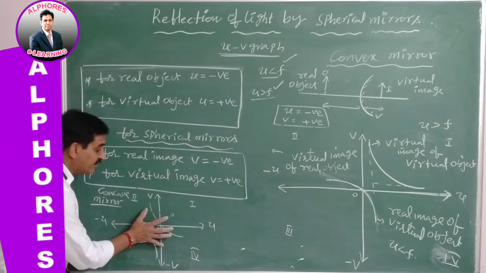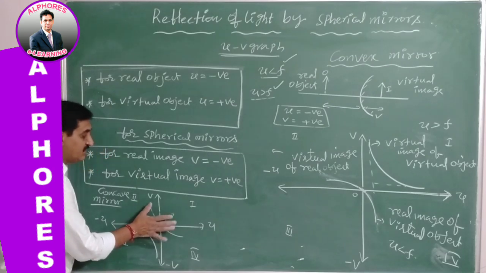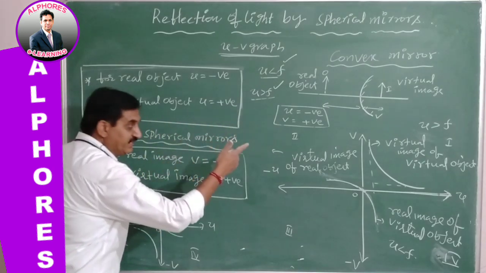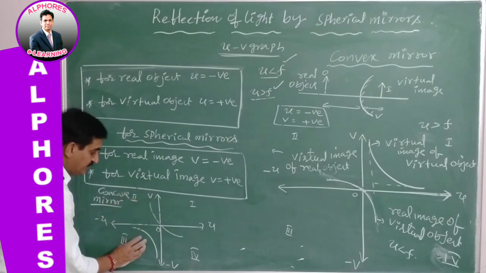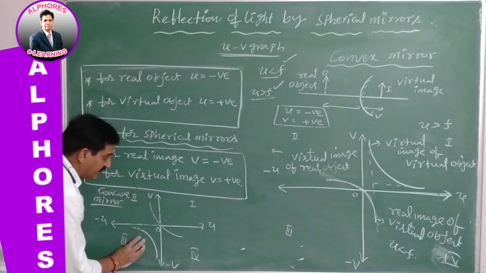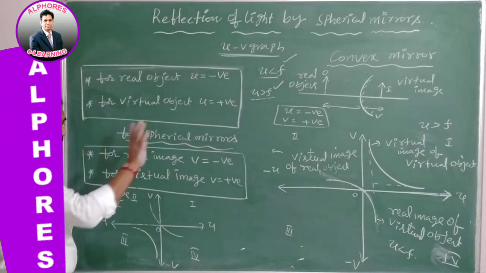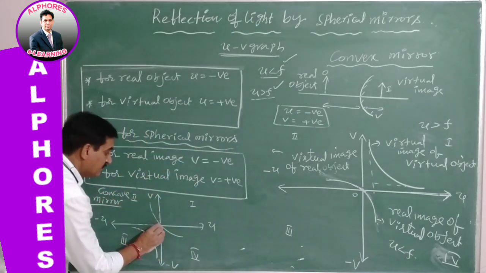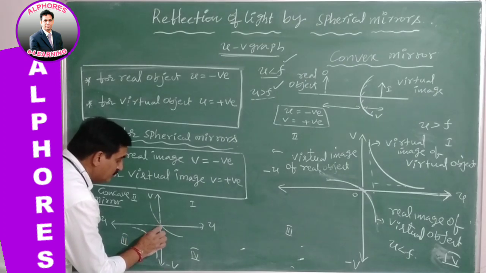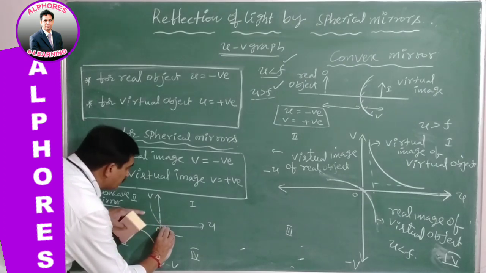Based on this logical approach, in order to get the UV graph of the convex spherical mirror, take the hyperbola in the third quadrant, shift it to the opposite quadrant, that is the first quadrant, and reverse it, and you will get the rectangular hyperbola there. The hyperbola going through the origin is reversed to itself.